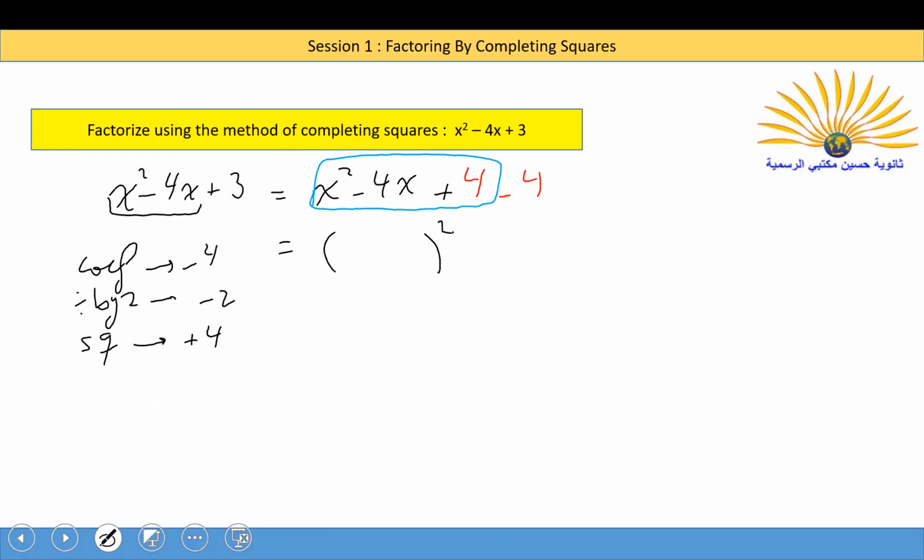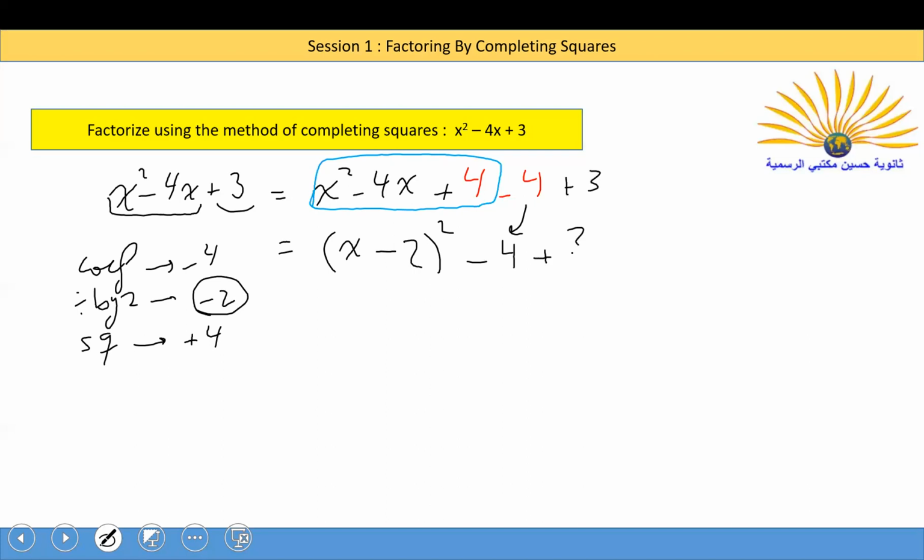It is x minus 2, and we leave alone this minus 4. But still there's something missing. Where's the plus 3? I write plus 3 here.